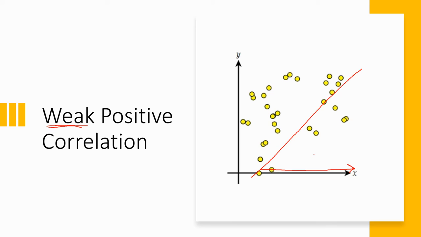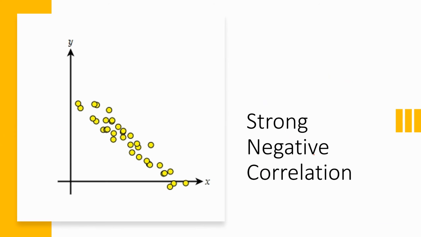Now, if it's not perfect and it's not weak, what does that leave us with? This is what we would call strong negative correlation, because it's real easy now. If I were to draw a line right through here, look how close all of the points are to this line.